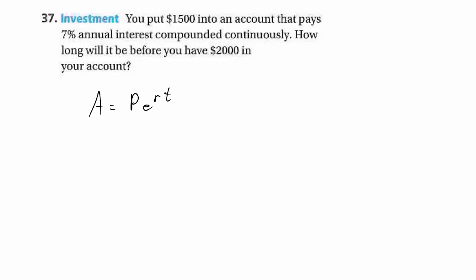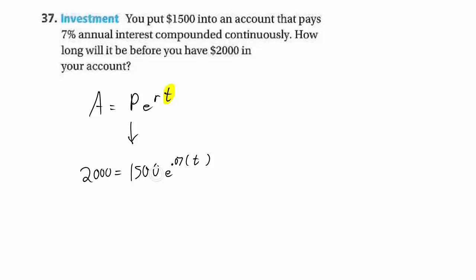So we know that you put 1,500 in, so that's the principal, the initial investment. And e is a number. The rate is 7%, but don't put the number 7. 7% as a decimal is 0.07. And then we multiply that by the time, but we don't know the time. What we do know is we want to know how long it takes for that to grow to be $2,000.